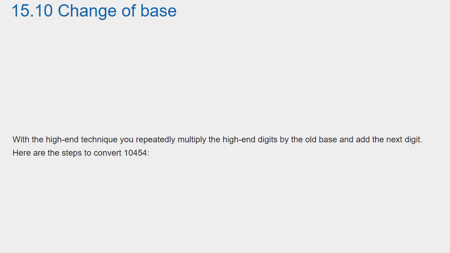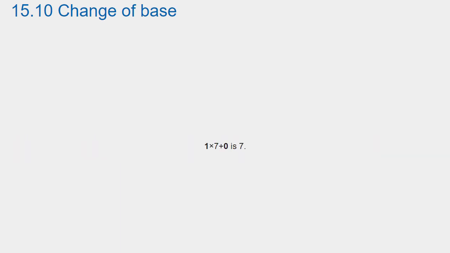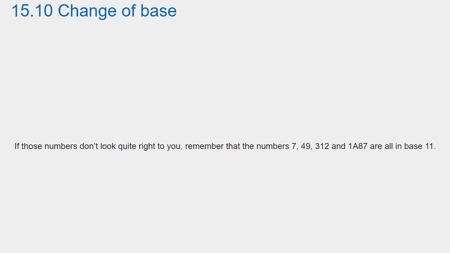With the high-end technique, you repeatedly multiply the high-end digits by the old base and add the next digit. Here are the steps to convert 10454. 1 times 7 plus 0 is 7. 7 times 7 plus 4 is 49. 49 times 7 plus 5 is 312. 312 times 7 plus 4 is 1A87.